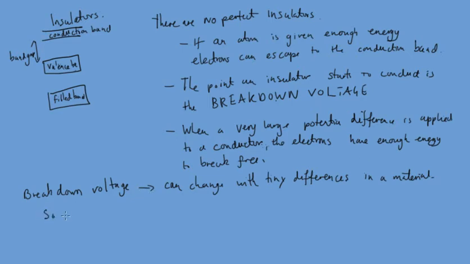So instead of defining the exact number at which a breakdown will occur, manufacturers will rate the maximum voltage where an insulator is safe.